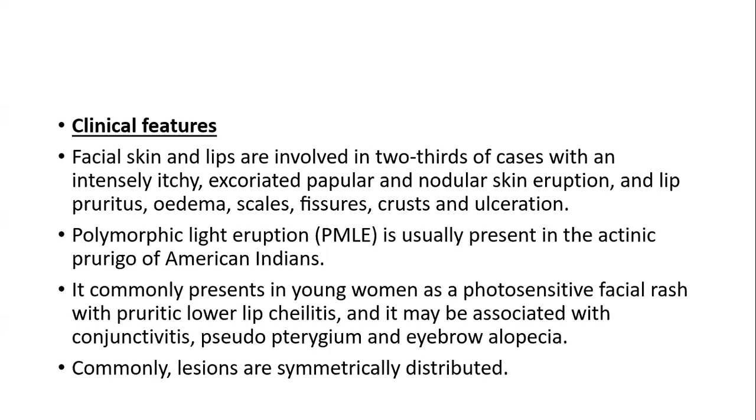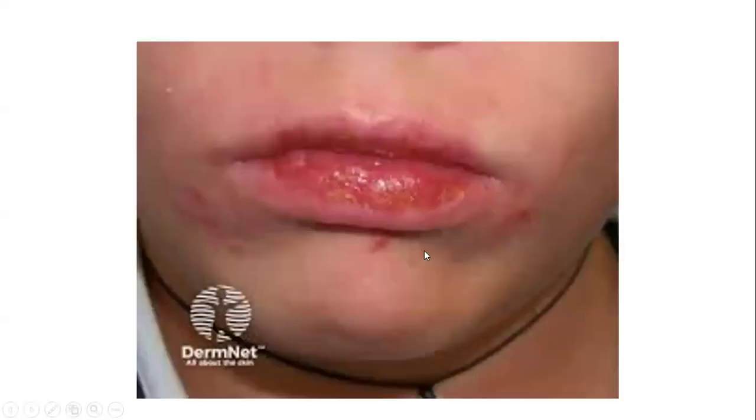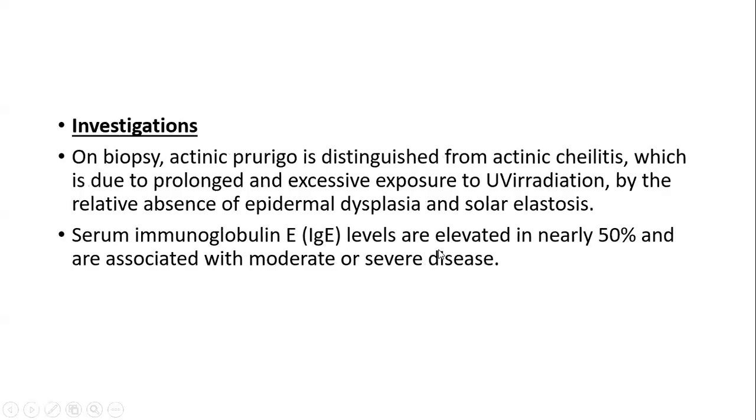It is commonly present in young women with photosensitive facial rash, with pruritic lower lip cheilitis, and is associated with conjunctivitis, pterygium, and eyebrow alopecia. Commonly, lesions are symmetrically distributed. So this is a feature of actinic prurigo.